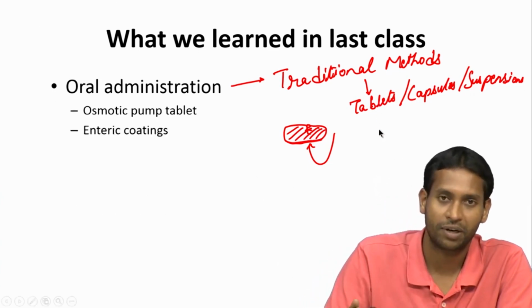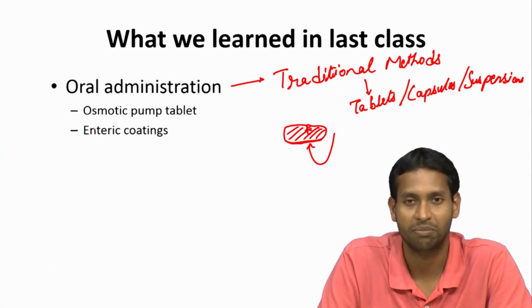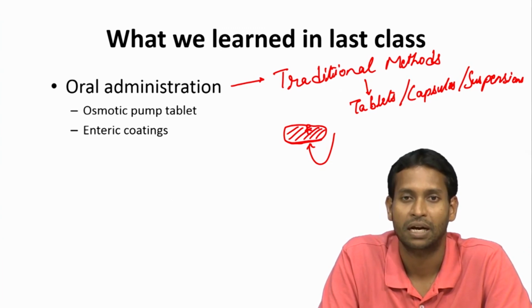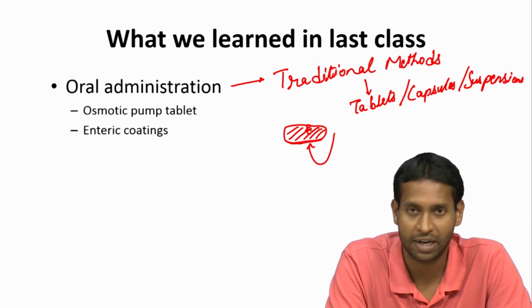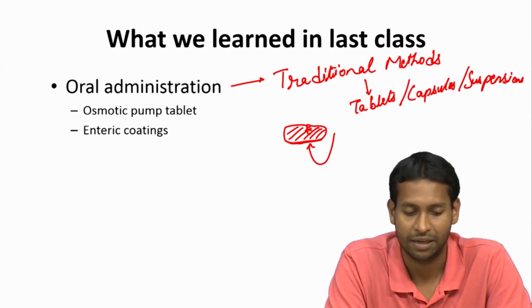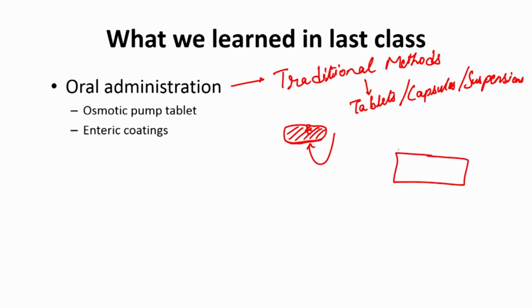Then we talked about enteric coatings. Enteric coatings are a very nice concept in that they can be used on most forms of delivery through the oral route. You can actually use enteric coatings on tablets as well, and what is done is, let us say if this is a tablet, then you can just coat it with some polymers which have certain characteristics, and that is what we call enteric coating.